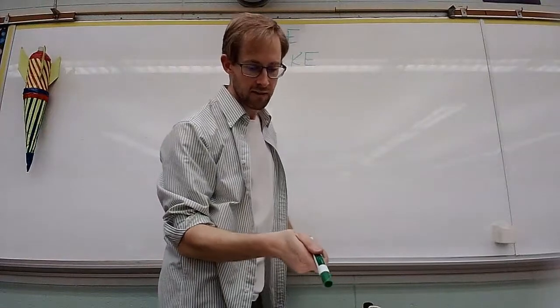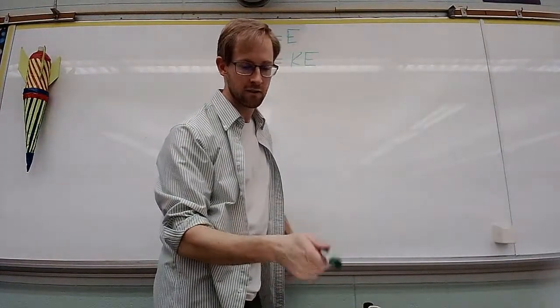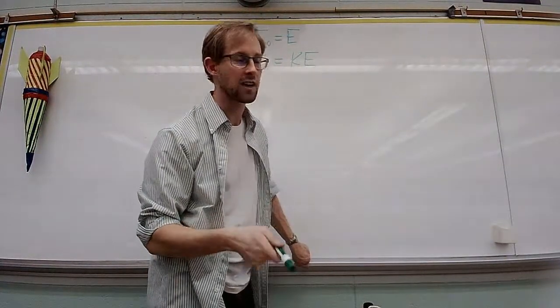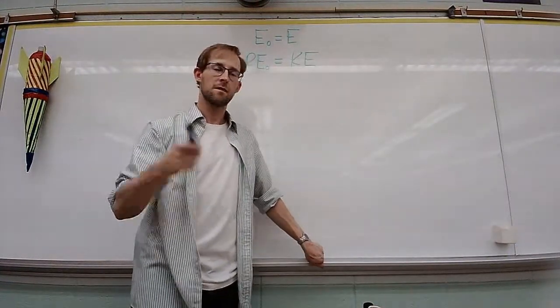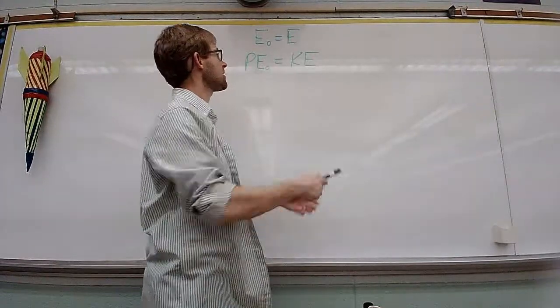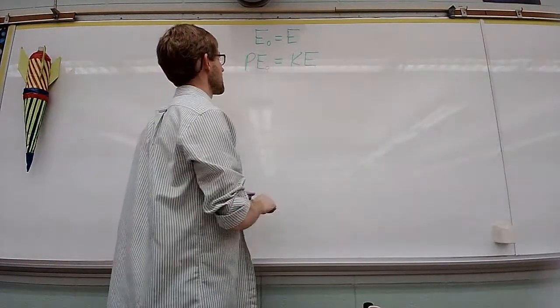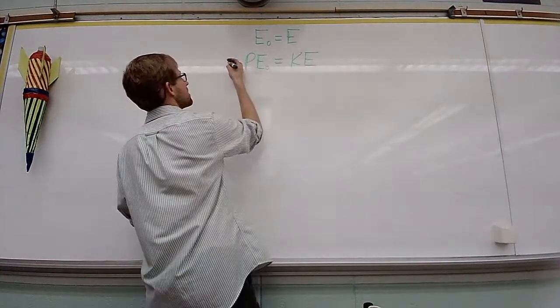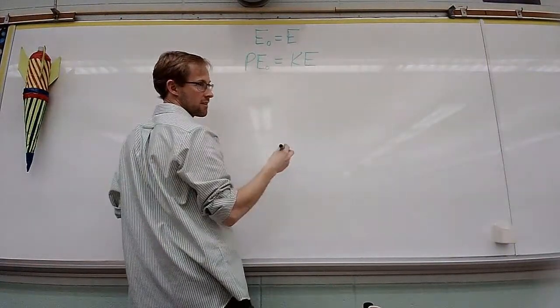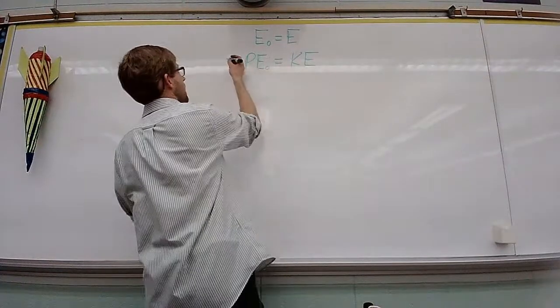Now it says 10% of the system's energy is lost to heat. So how much of the energy is left? 90%. So the easiest way to approach these problems is to just multiply your original energy by 90%, in other words, 0.9.